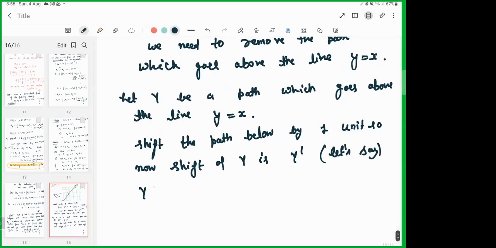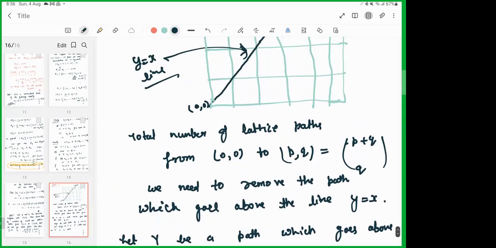So what is gamma dash? Gamma dash is the path from here to here, right? This is 0, 0. So 0, -1.